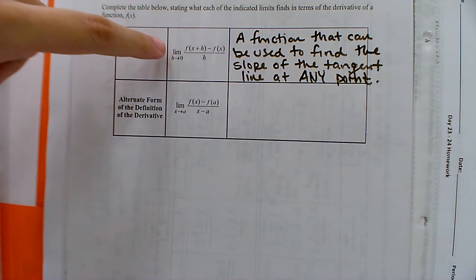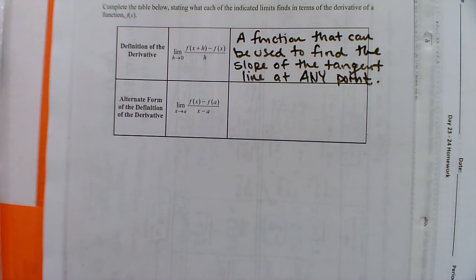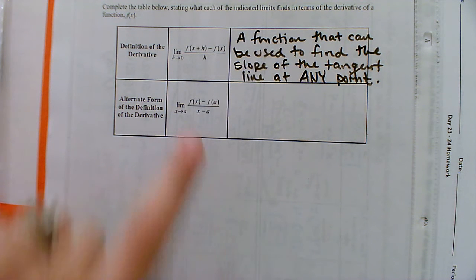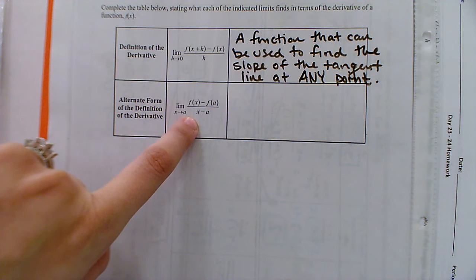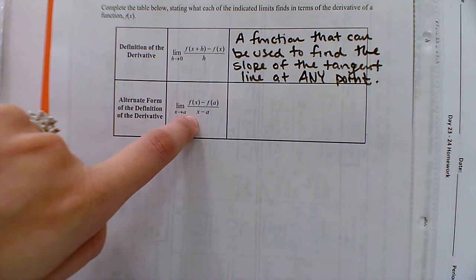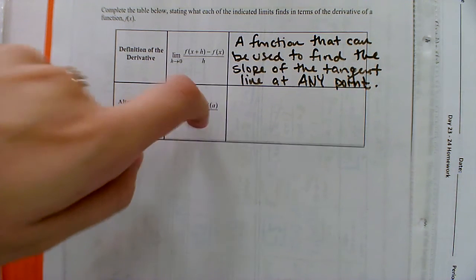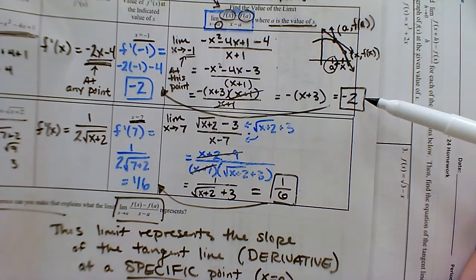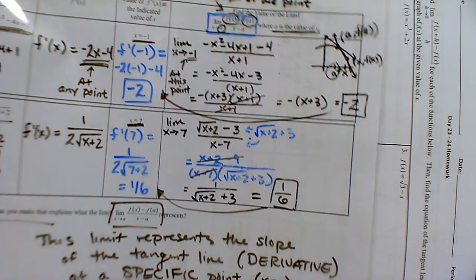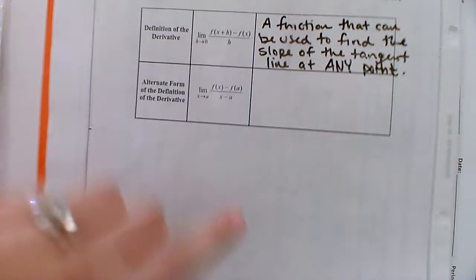Whenever you use that first limit definition, you're usually left with an equation. There's some x variable left over. But notice how when we used this limit in the last two examples, didn't we have a number left? If I flip it for a second, weren't we left with negative 2 and 1/6? Those are no longer functions. Those are values. Those are numbers.